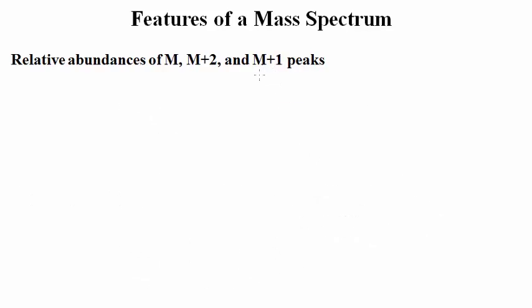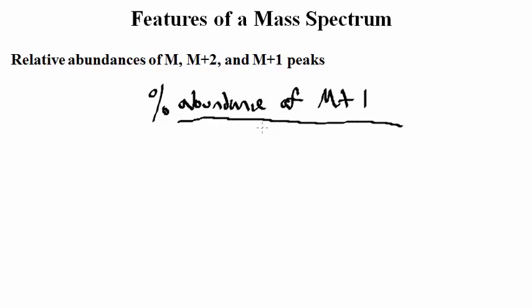Another trick that you can use whenever you're solving the mass spectra for a molecular formula of a compound is to take the percent abundance of the M+1 peak and divide that by the relative abundance in nature for carbon-13, so that's 1.1%. That's approximately equal to the number of carbons in your sample.